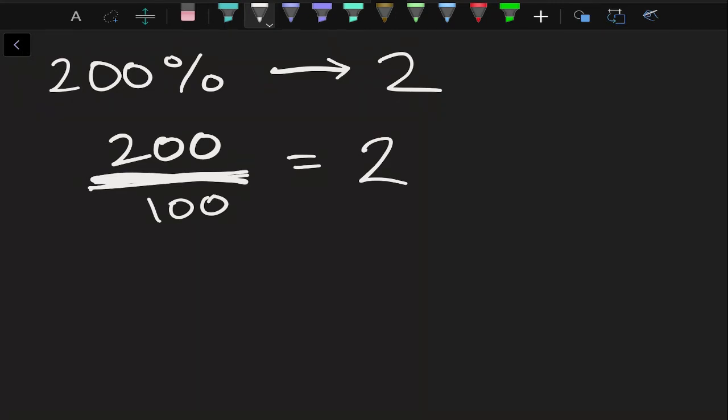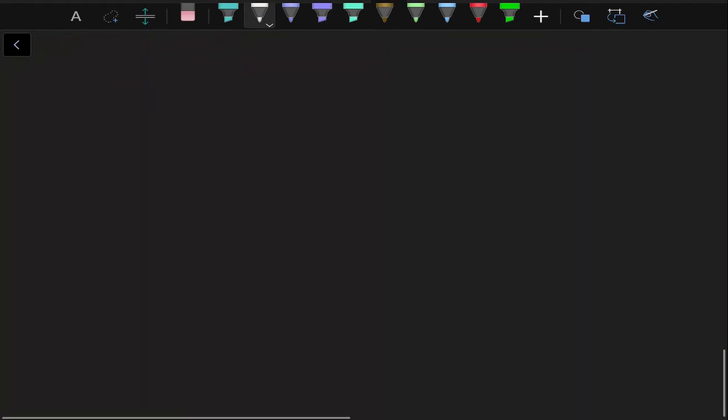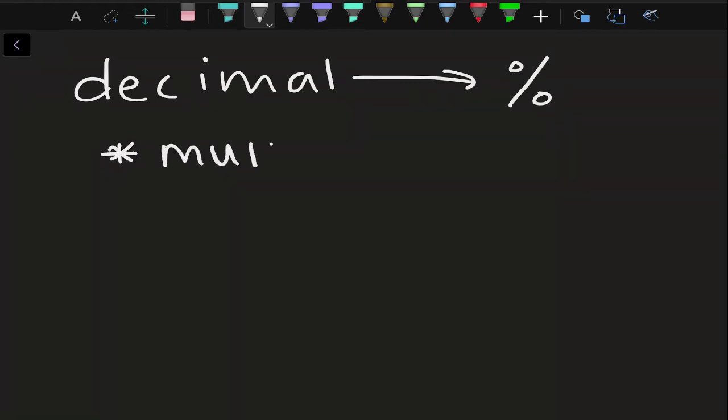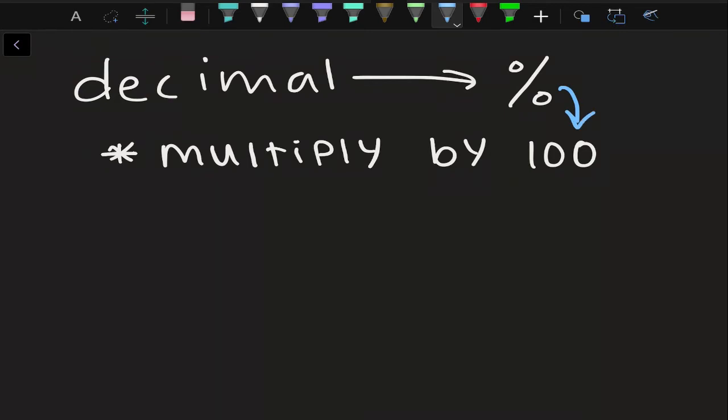So next we're going to talk about expressing a decimal number as a percent. So a decimal to a percent. To convert from decimal to percent, we're going to multiply by 100. Because again, percent, parts per 100.